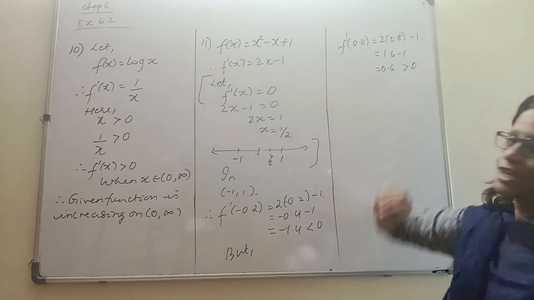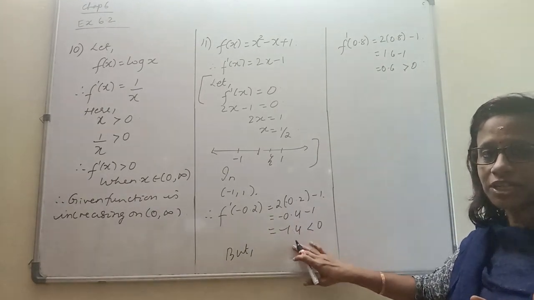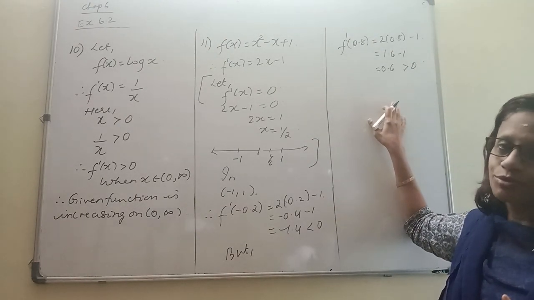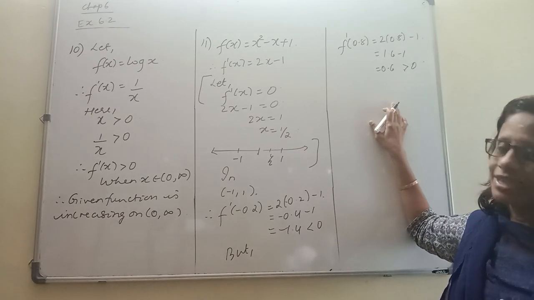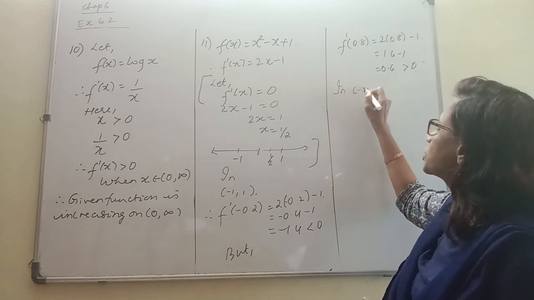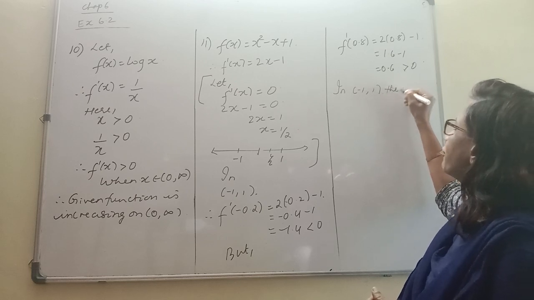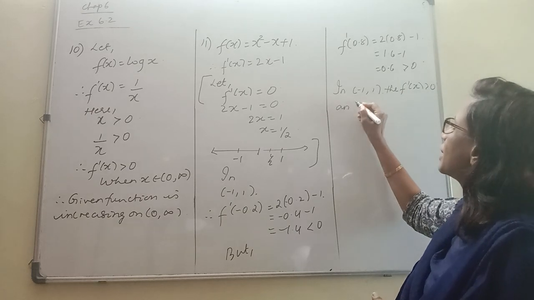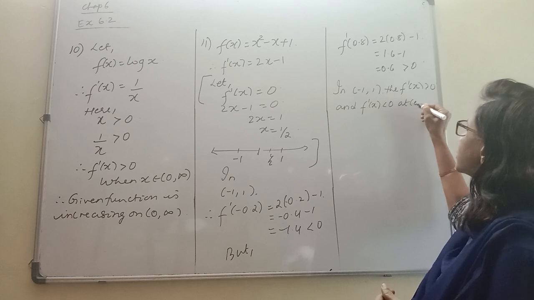So in that specified interval, at one point the f dash value is less than 0, but at the other point the f dash value is positive. That is why it is neither increasing nor decreasing. So therefore we'll say that in minus 1 to 1, f dash x is positive and f dash x is negative at certain values.